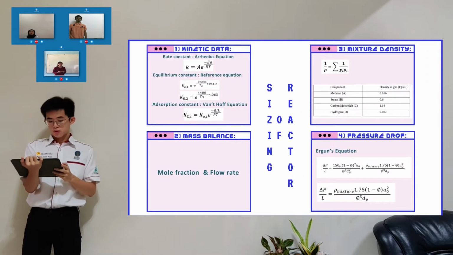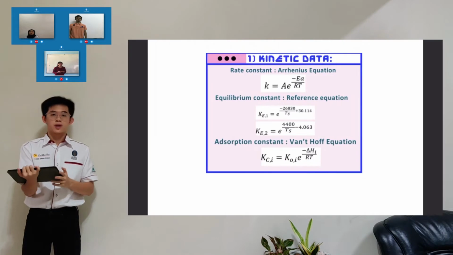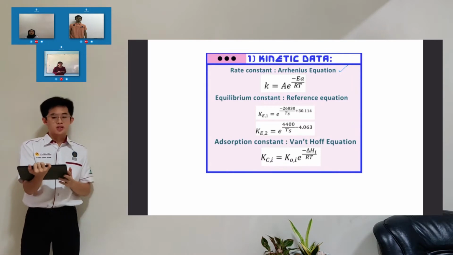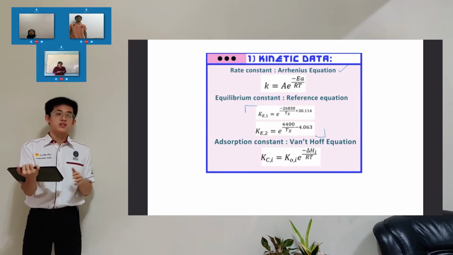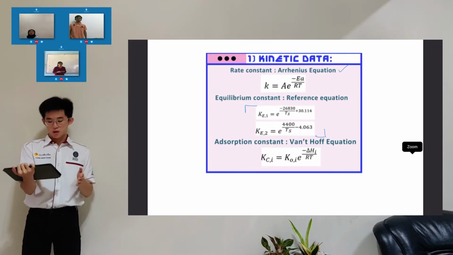First, we need to find the kinetic data, where the rate constant is calculated by using the Arrhenius equation. The equilibrium constant is determined by an equation given from the reference text specifically for these 2 reactions, and the adsorption constant is found by using the Van't Hoff equation.